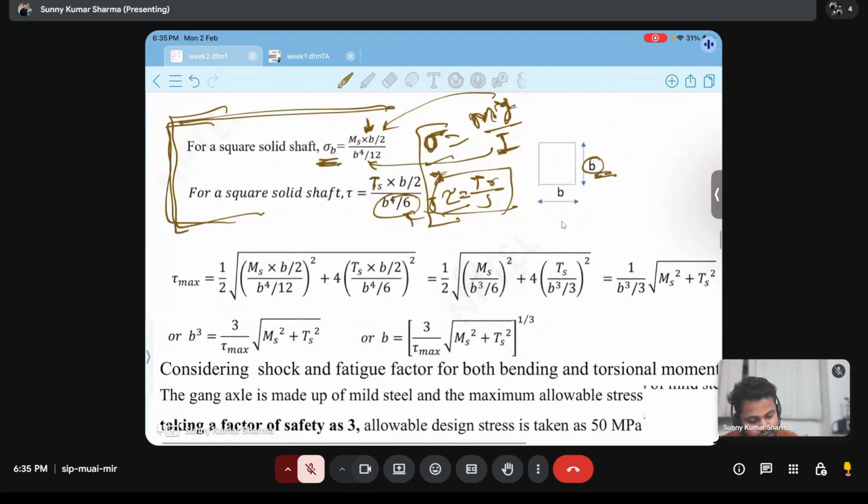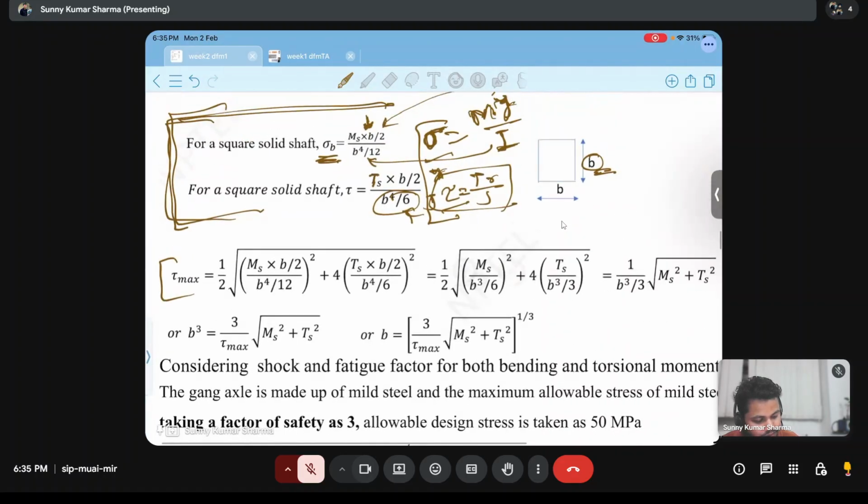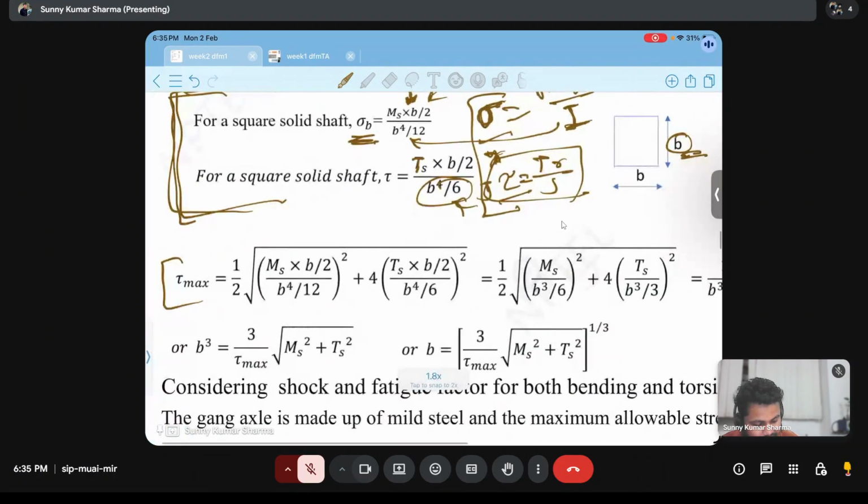If we have both bending and torsion at any section, square, rectangular or circular, any section, then tau max formula is this: 1 by 2 root under sigma square plus 4 tau square. This is the equation we need to use if we have both bending and torsion moment. So our sigma is this value and tau is this value.